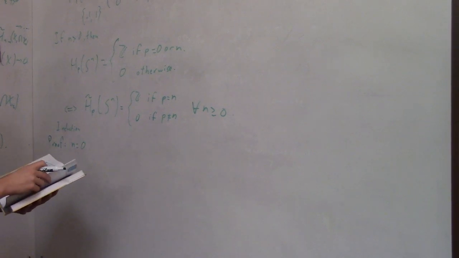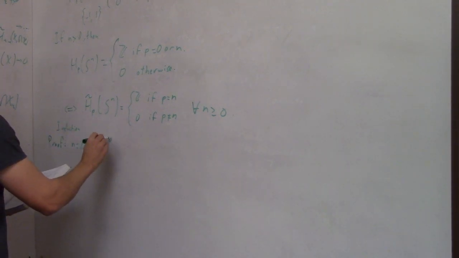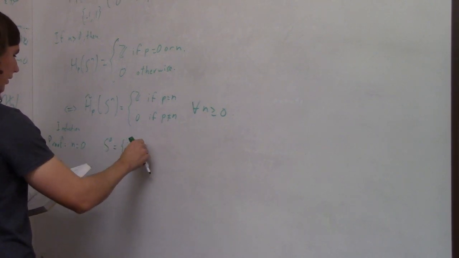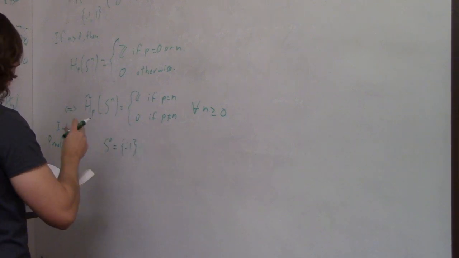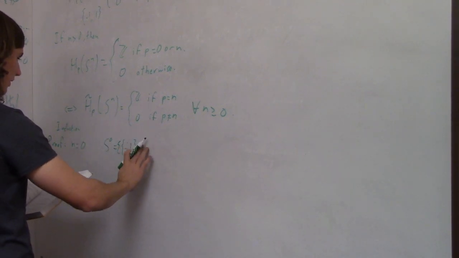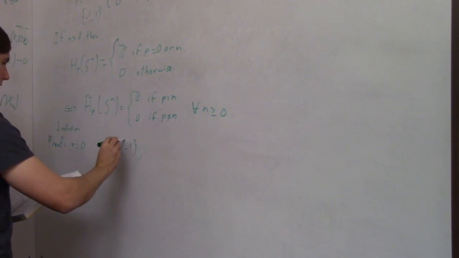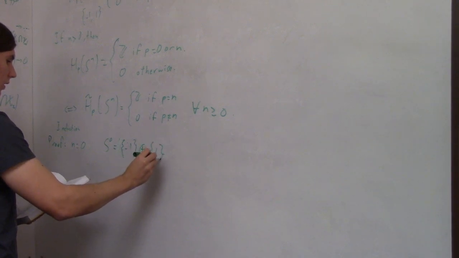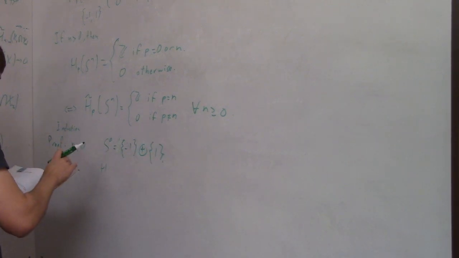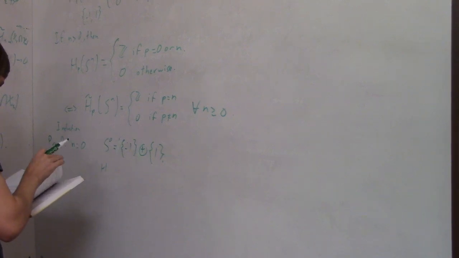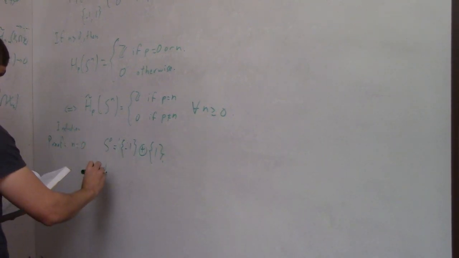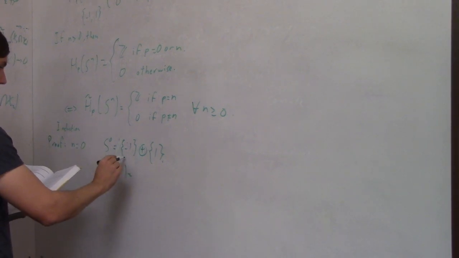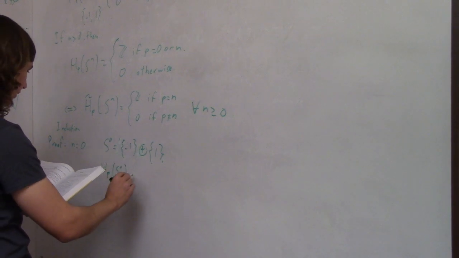All right, since S^0 is equal to {-1} union {1}, the homology of S^0 is going to be the homology of these 1-point spaces.